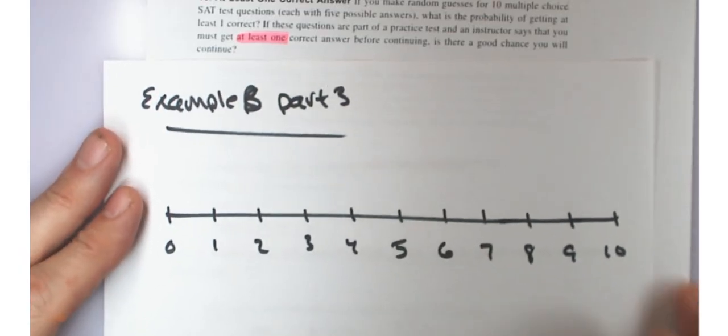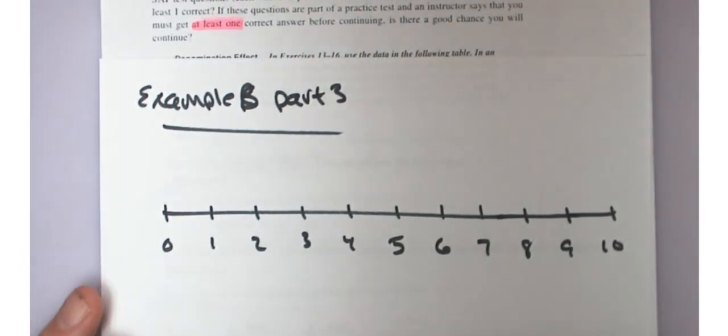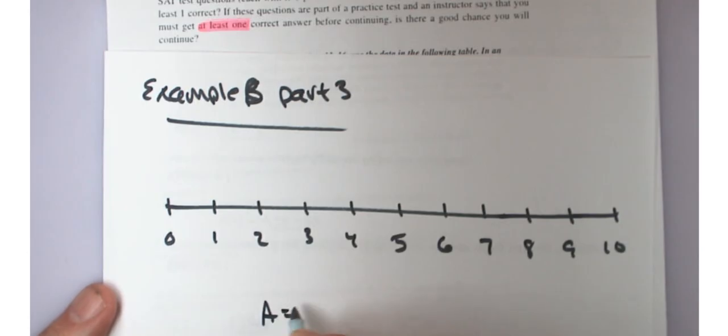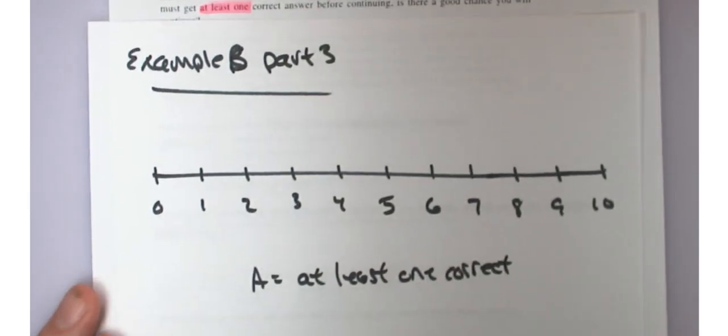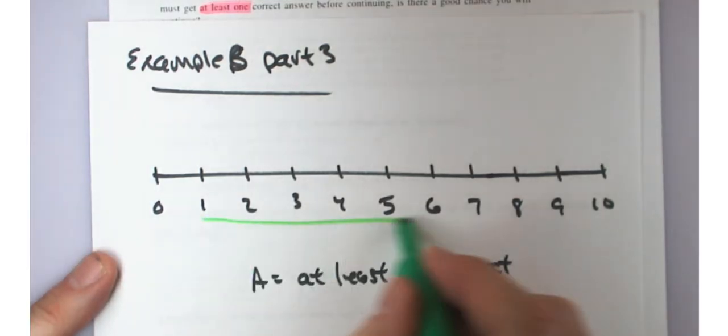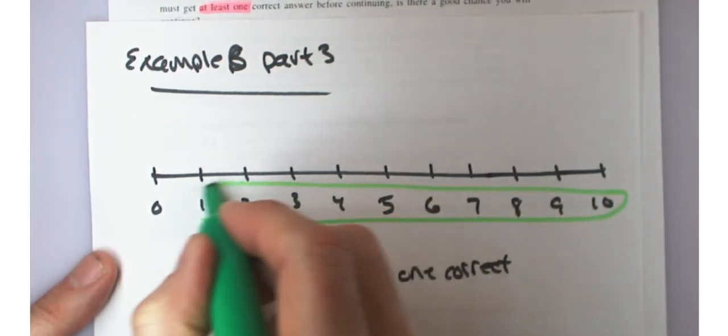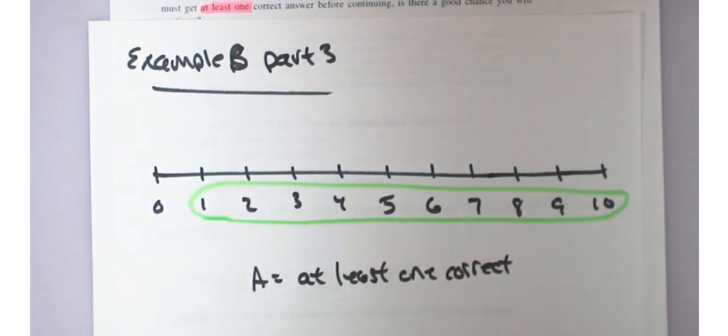So if event A equals at least one correct, then I should be circling all these events. That's the event of at least one.